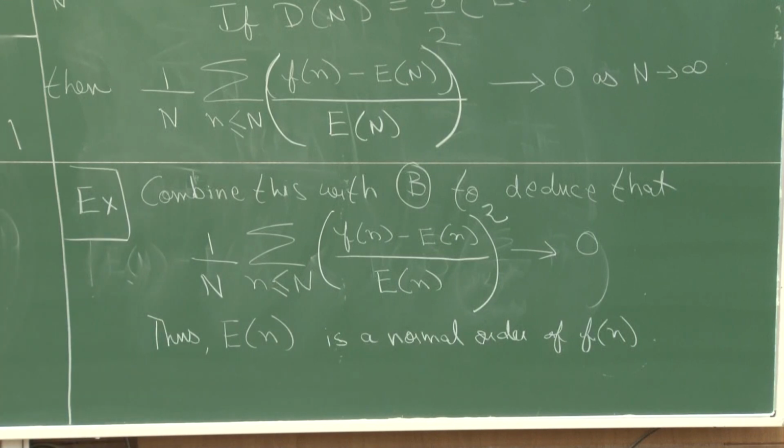So, this is how you use the Turan-Kubilius inequality to derive the normal order of an additive function. Always remember, the Turan-Kubilius inequality holds for additive functions.